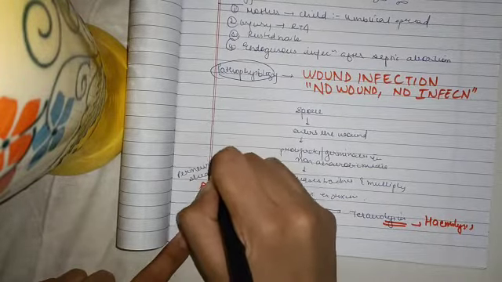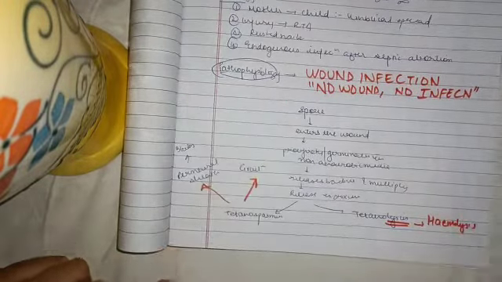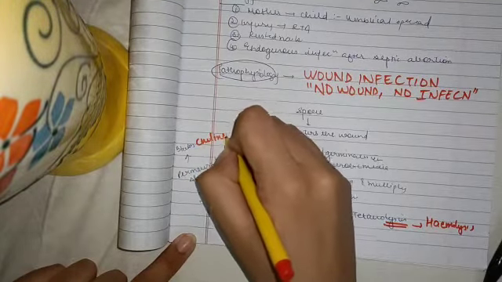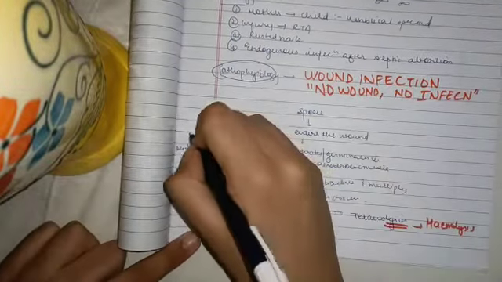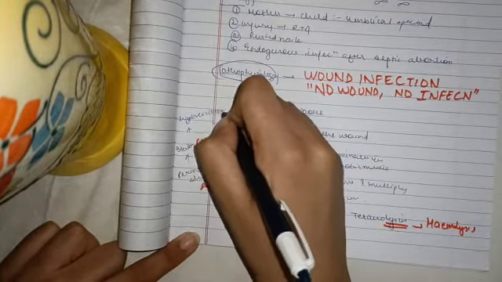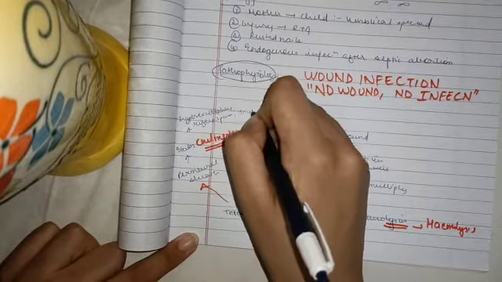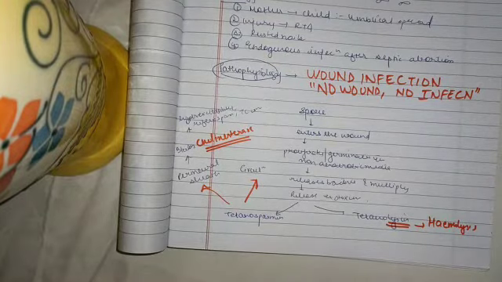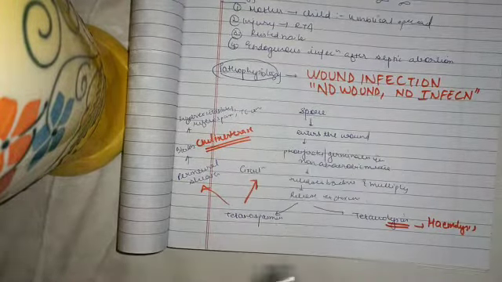When it goes through the perineural sheath, it blocks cholinesterase. If it has blocked cholinesterase, it will cause hyperexcitability. So there will be reflex spasm and tonic-clonic convulsion. Then in the circulation, same effect.